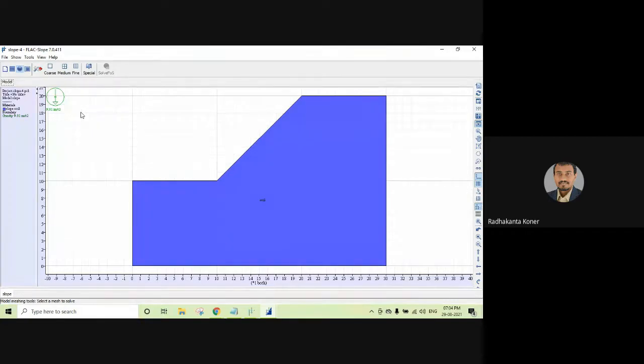A few months ago, an MTech student who had worked in FLAC for 2 years. When I asked what is your grid size, the person answered me in the examination board: medium size.